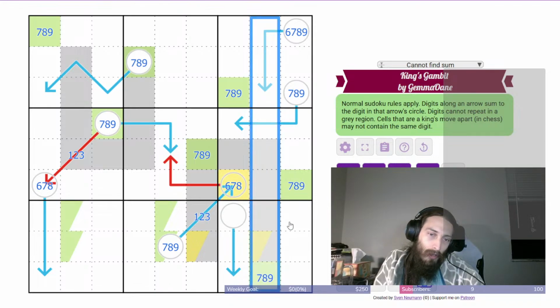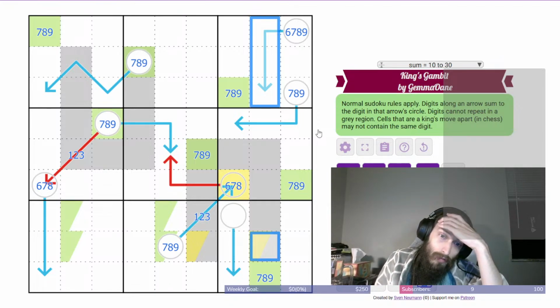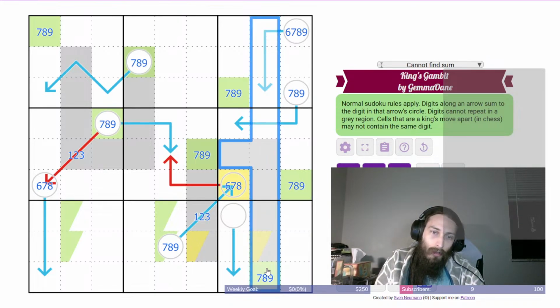Where is yellow in this column? It's not there. It's none of those, and it's not in the same box. So it's either here, or it's on this arrow. Okay. I guess where is this digit in this column? It's not in the same box, it's not in gray, and it can't be green.